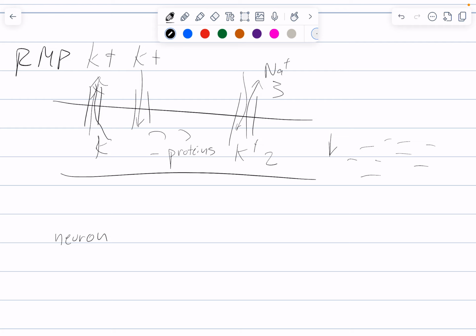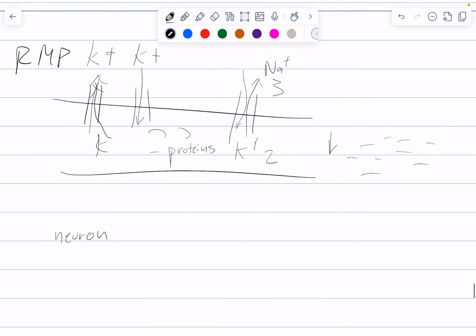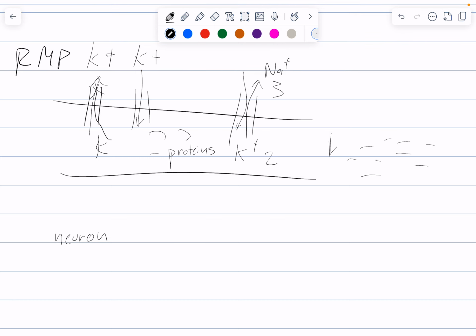So it'll make the cell more negative, but this causes the potassium to want to go back in. That's just how the electrochemical gradient works. So those are the 3 things that affect the resting membrane potential.